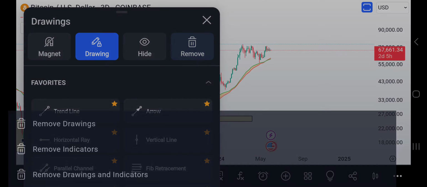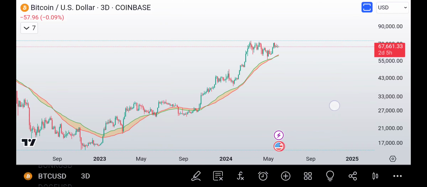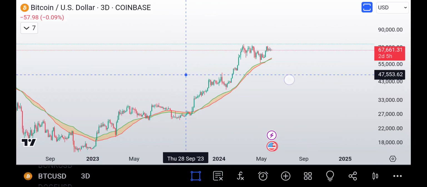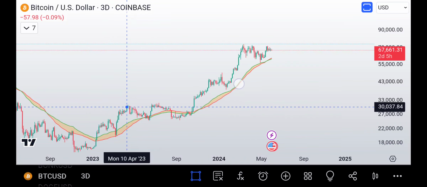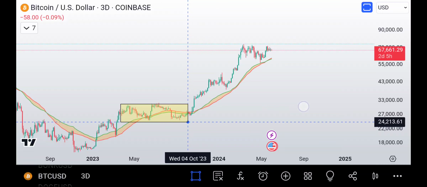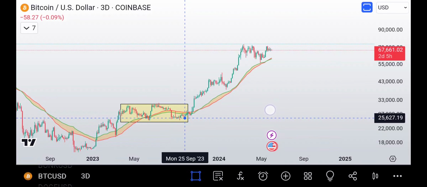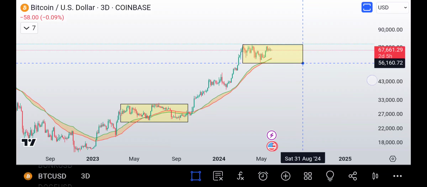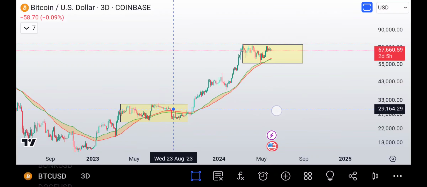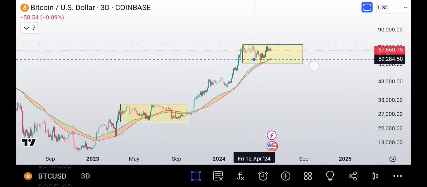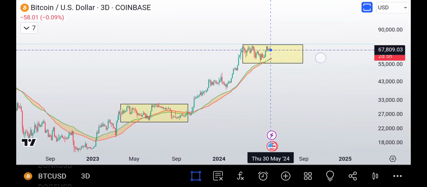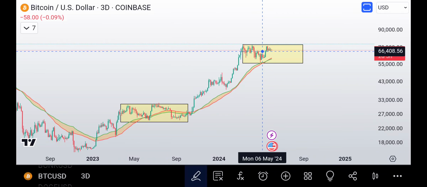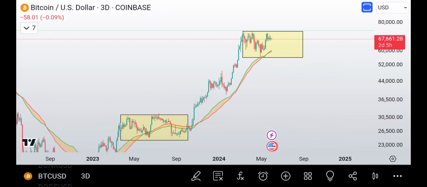There's a little bit of conflicting ideas here, because on one hand, you have 1, 2, 3, 4, 5, and you have this base here. And on the other hand, you have 1, 2, 3, 4, 5. The question is, do we get another base here? I would imagine that if this triangle fails, then we would get a bigger base. And I think a bigger base is actually a good thing, not a bad thing.